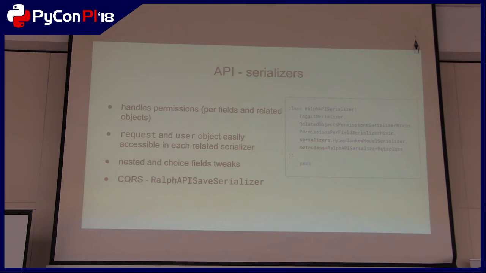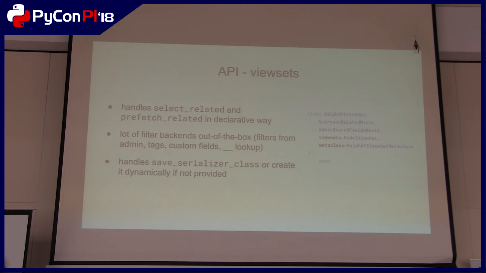The idea behind it is that we want a very powerful serializer for fetching the object, but a very flat and simple one for saving and updating the object. And that's how our API serializer was born. I will show you an example of it in a minute.